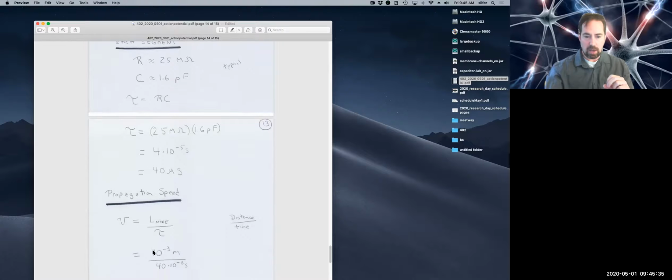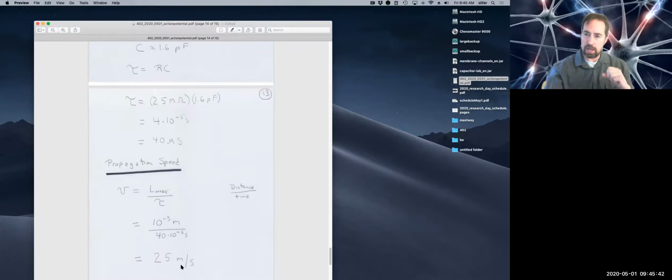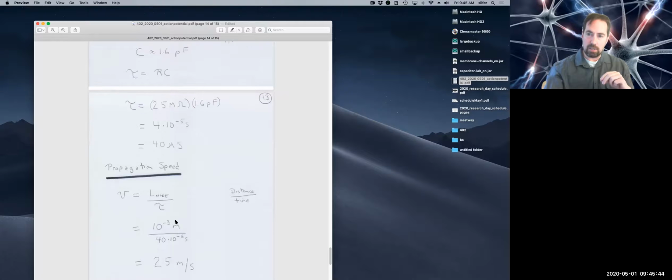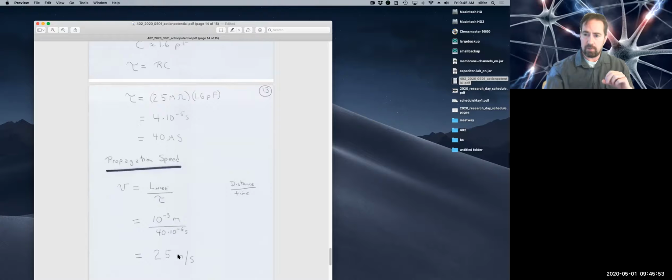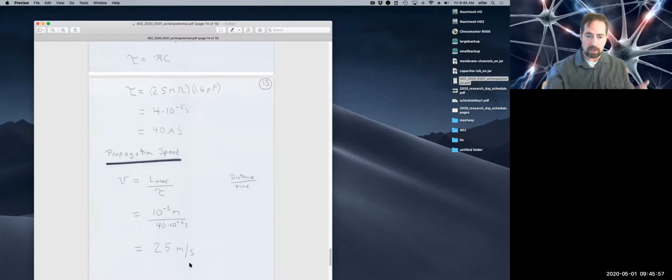And with that, we have distance over time, 1 millimeter divided by 40 microseconds. So the velocity of propagation in my simple model, whether this is true or not is still up for debate, is about 25 meters per second for a signal to travel along this axon.